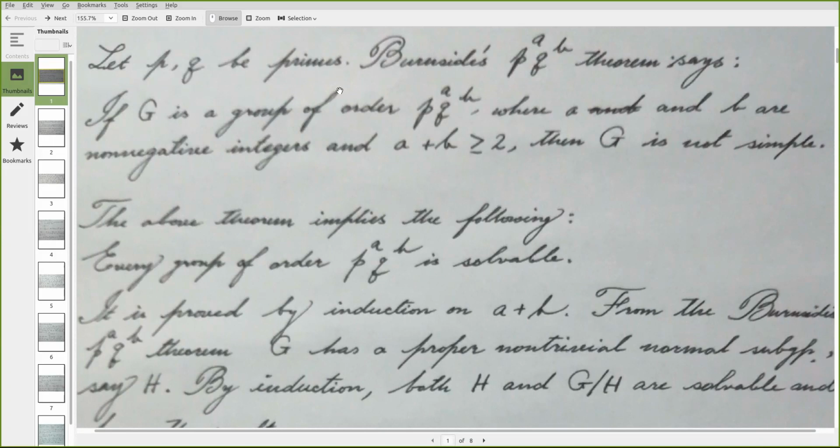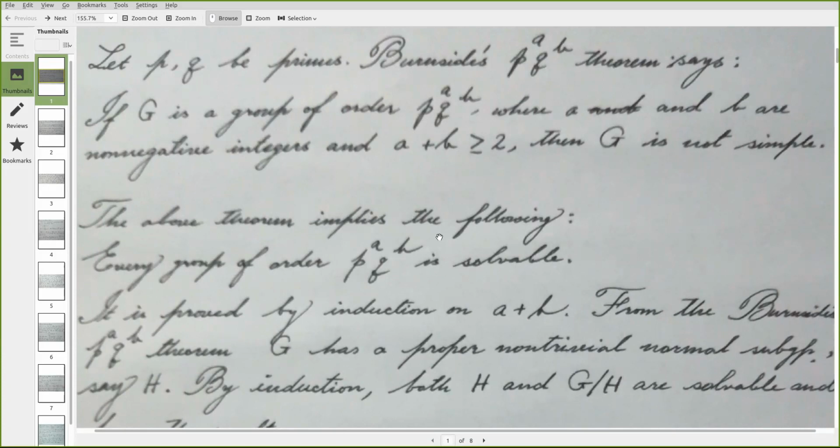Okay, so let me go through the argument once again. This is our theorem, Burnside's theorem. As a consequence of this theorem, every group of order p to the power a, q to the power b is solvable. How to do that? We will do induction on the sum of the exponents. In the case a plus b is greater or equal to 2, we get from the theorem that there is an intermediate normal subgroup.